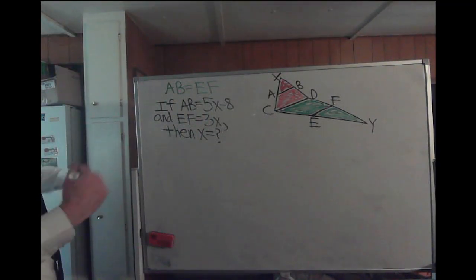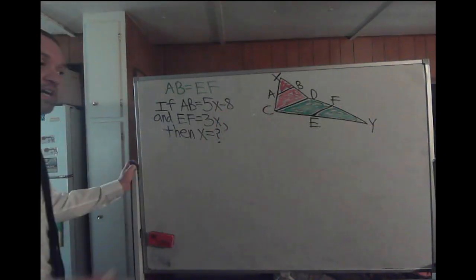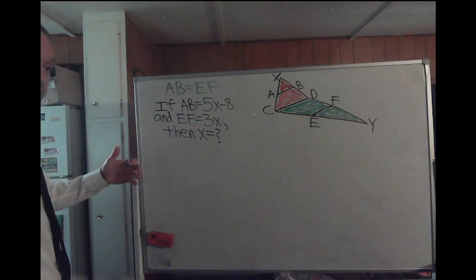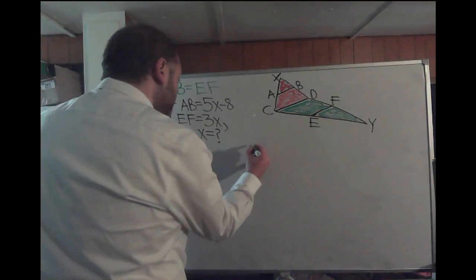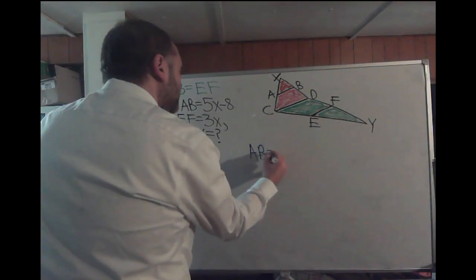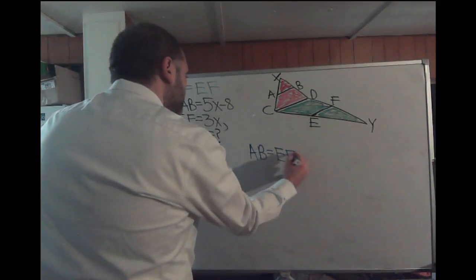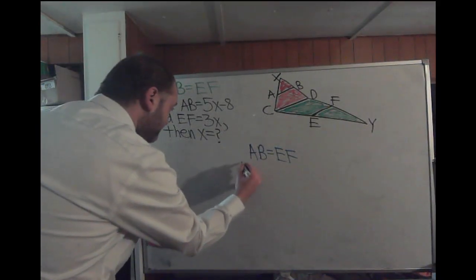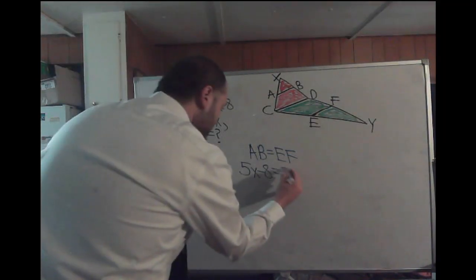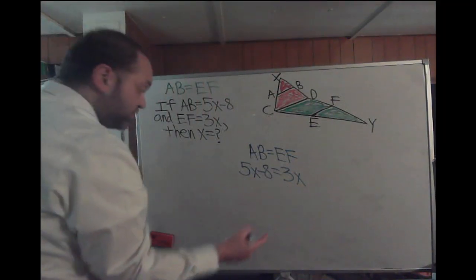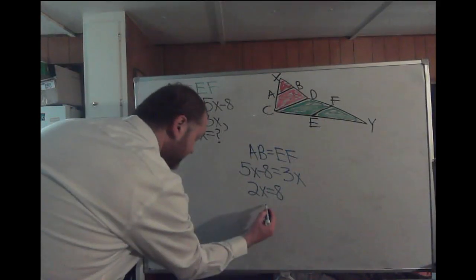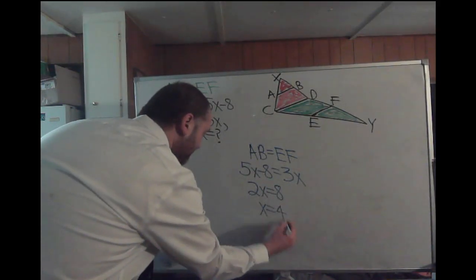If AB equals 5x minus 8 and EF equals 3x, since they're equal, all we need to do is set them equal to each other. So 5x minus 8 equals 3x, which gives you 2x equals 8, which means that x equals 4.